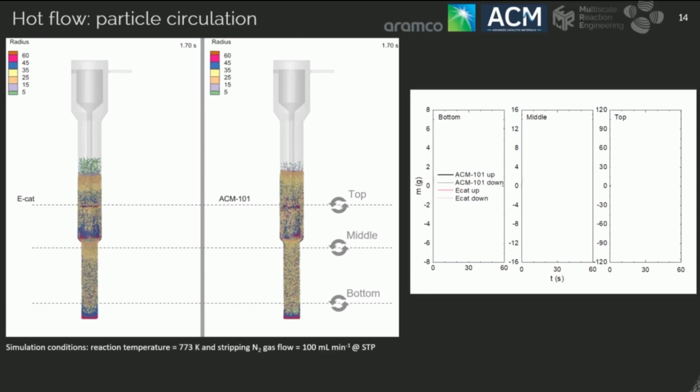And we can see that since we have lower particle density for the SM101, we have more gas solid mixing. It is also shown in the graphs on the right, especially the middle one.